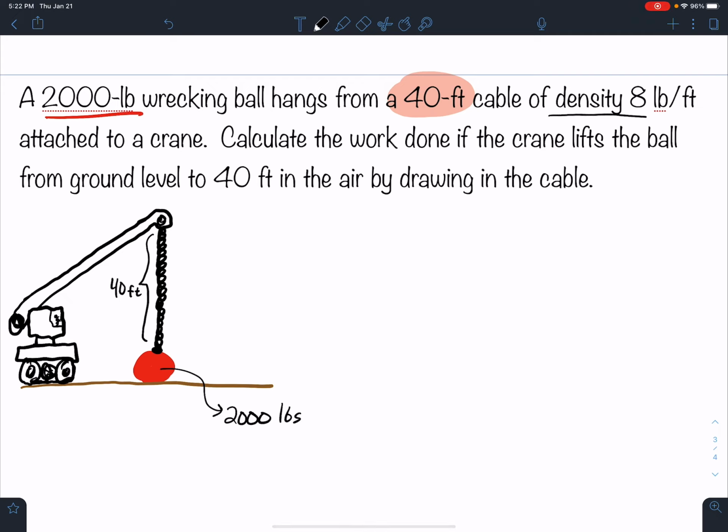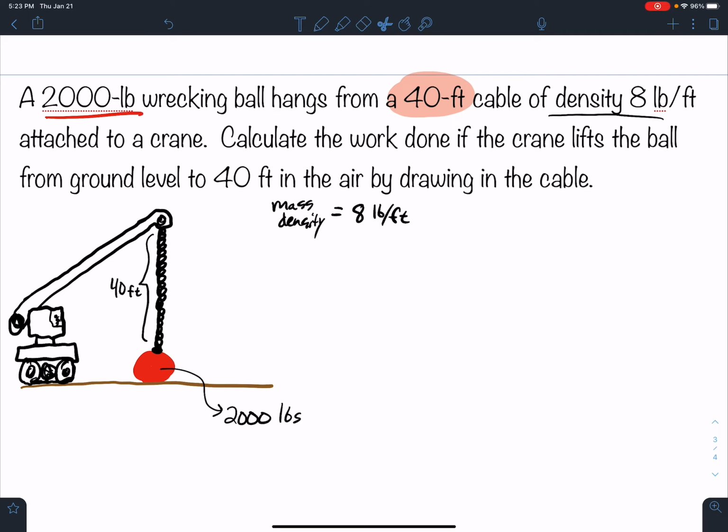The density of the cable attached to the crane is mass density equal to 8 pounds per foot. Calculate the work done if the crane lifts the ball from ground level to 40 feet in the air. So what's happening here?